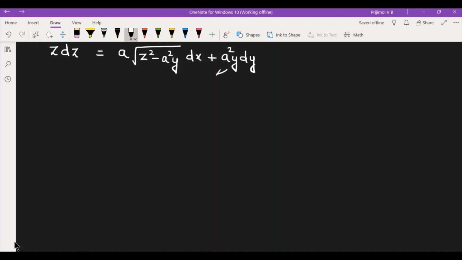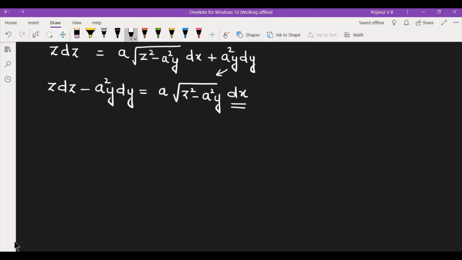Now bring this term to the left hand side. z dz minus a square y dy is a into root of z square minus a square y square into dx. If you note carefully, our right hand side is dx. That means our right hand side must have only terms with one variable x.